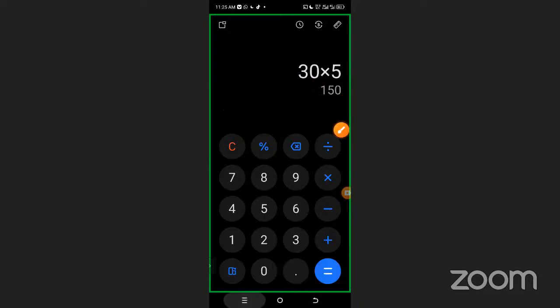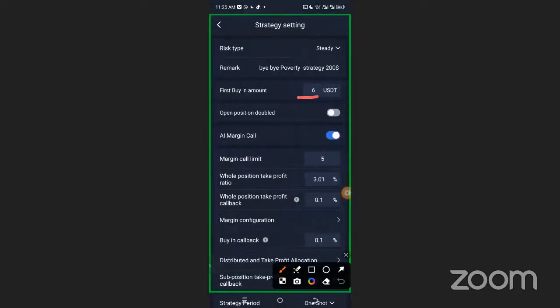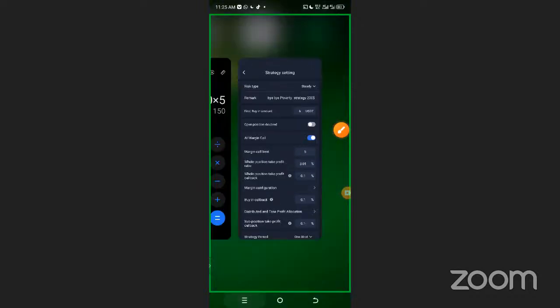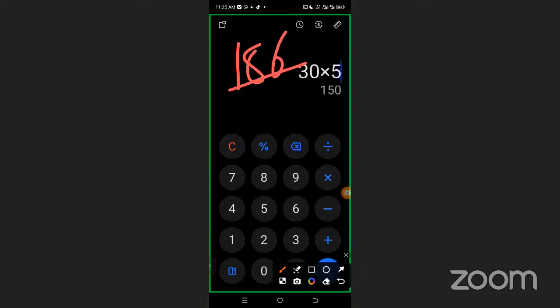Where is the 6 coming from? 6 is here. It has to be included. Plus 6. That is $186. But your capital was $200, meaning that here you are on the safe side.